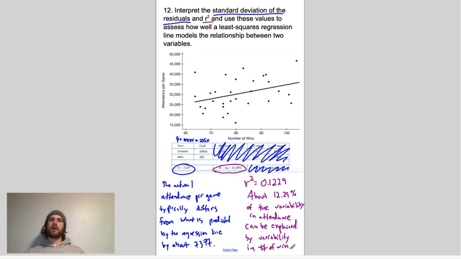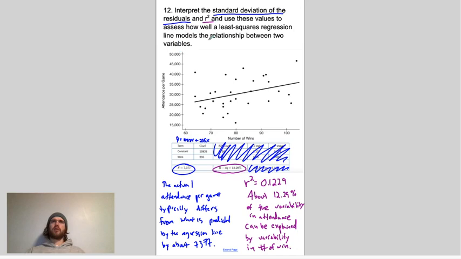You could also say by our regression model with wins as our explanatory variable. So we can only explain a certain chunk of the variability in attendance using wins, not a whole lot of it. There's a bunch of other variability that's probably caused by other things. Super.